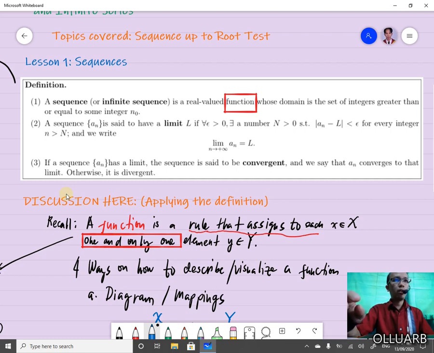So that's only the sketch of proof. But if you want a thesis-like proof, then you have to refer to some books, maybe Leithold or Larson. You can look at the references at the end of this video.